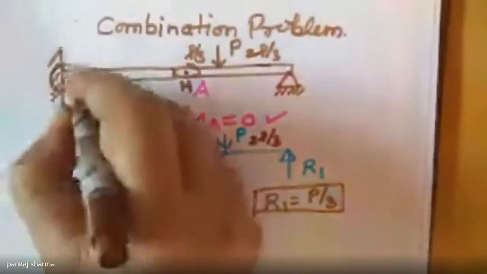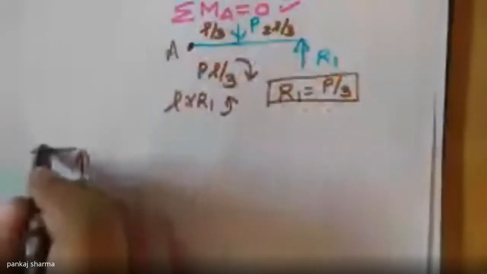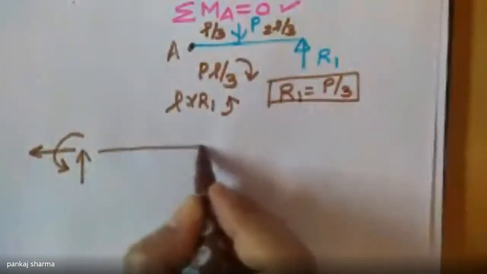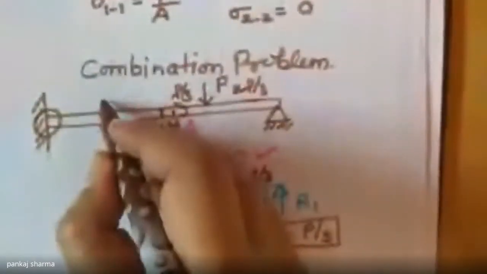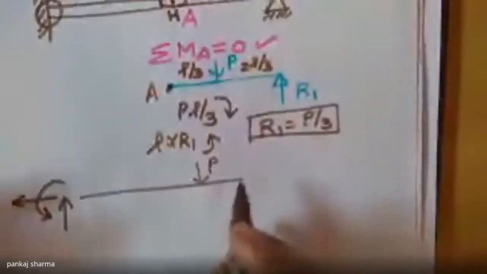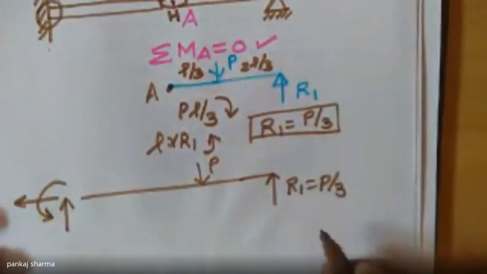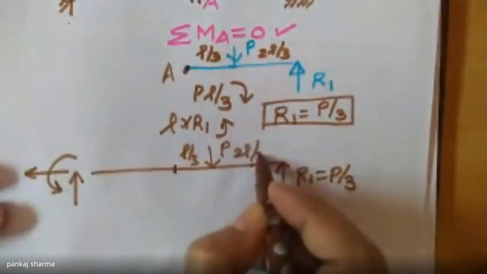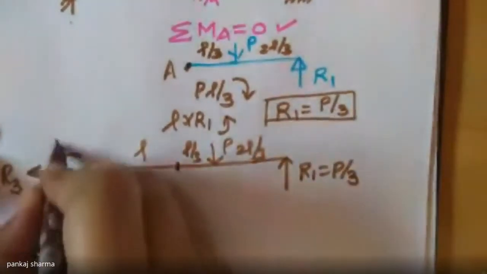Now the property of this joint is that the vertical reaction may be there, the horizontal reaction may be there, and the moment must also be there. Again the load is P, R1 is P by 3, and the distances are L by 3 and 2L by 3, totaling L. The reactions are R2, R3, and M0.